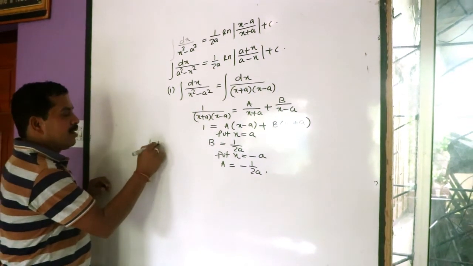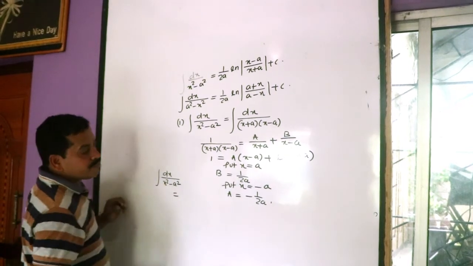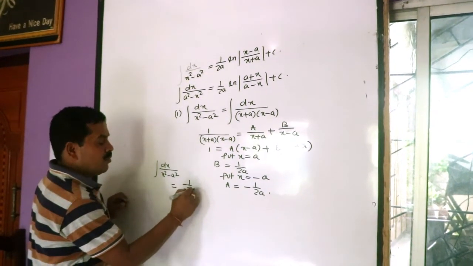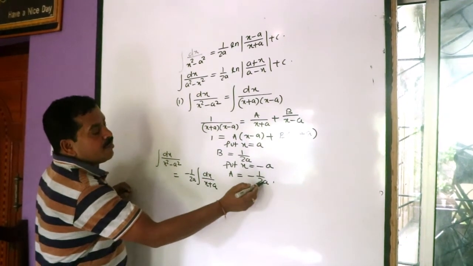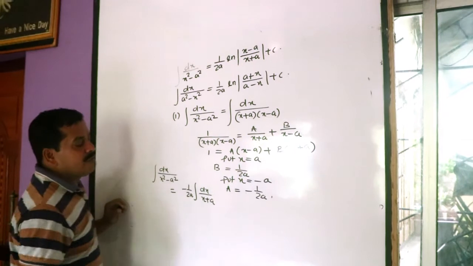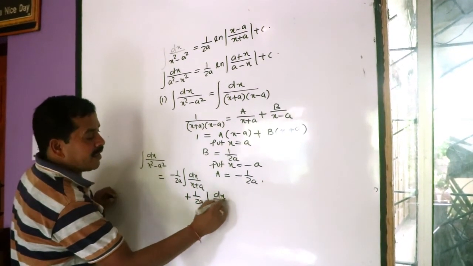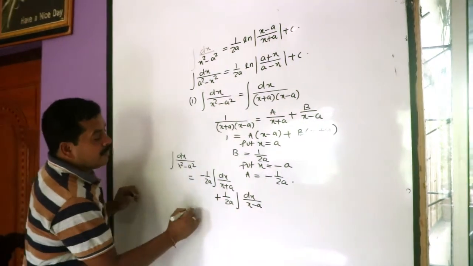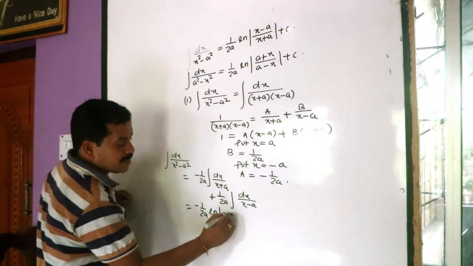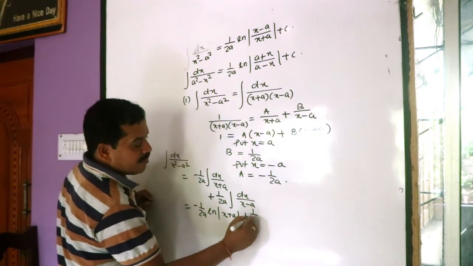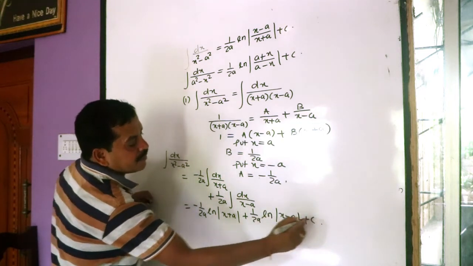Now the integration becomes dx by x square minus a square equals minus 1 by 2a integration of dx by x plus a plus 1 by 2a integration of dx by x minus a, which is equal to minus 1 by 2a log |x plus a| plus 1 by 2a log |x minus a| plus c.